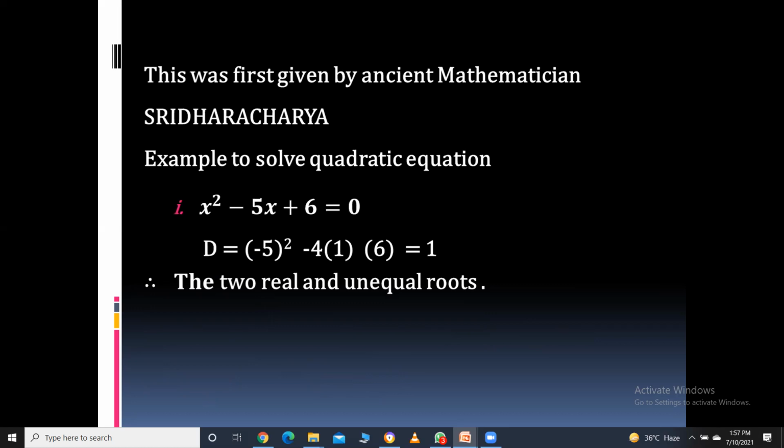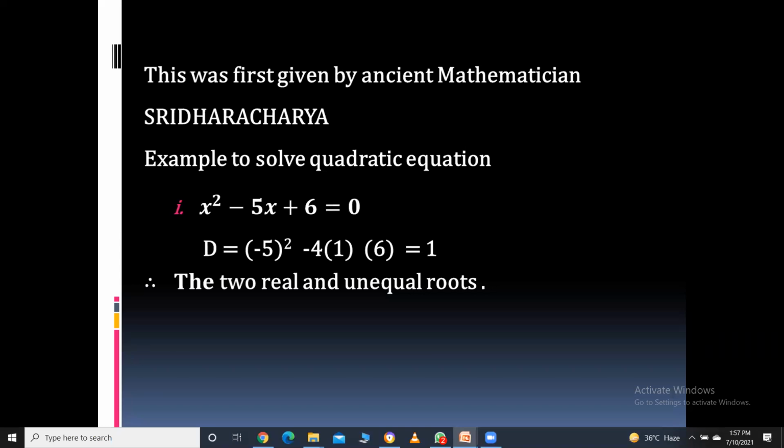In fact, Brahmagupta gave an explicit formula to solve a quadratic equation of the form ax square plus bx is equal to c. But later on, Sridharacharya at about 1025 AD derived a formula which is well known as Sridharacharya's quadratic equation formula.